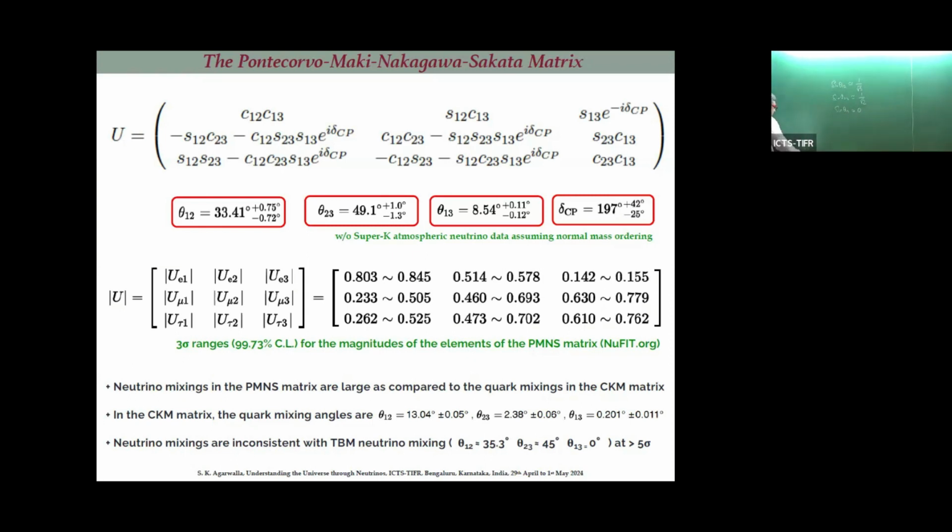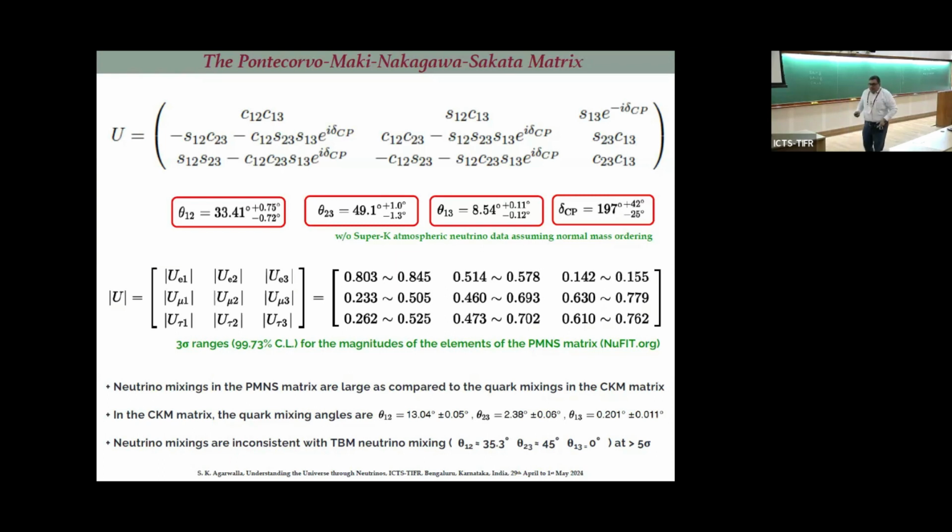This is the tri-bimaximal mixing pattern. You can see that there is a slight departure: theta 1,2 would be around 35.3 degrees, but our measured value is around 33 degrees. If TBM is correct, then theta 2,3 has to be maximal, but now there are hints that it is non-maximal. It can lie in the lower octant or in the higher octant.